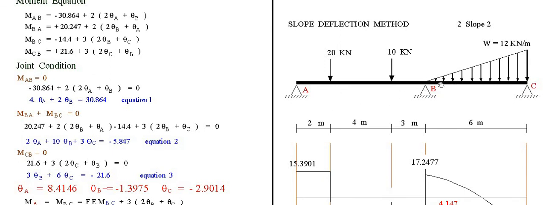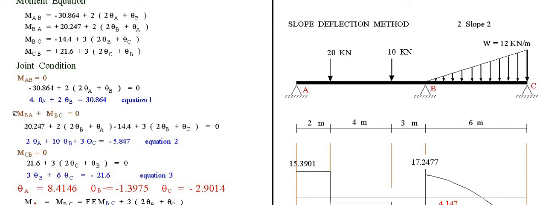Okay. Then the next is that moment BA plus moment BC must be 0. Since one of these is positive and one is negative, the moment here is negative, the moment here is positive. So when you add the moment BA plus moment BC, this is equal to 0.